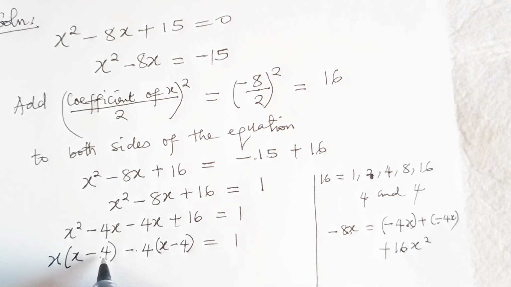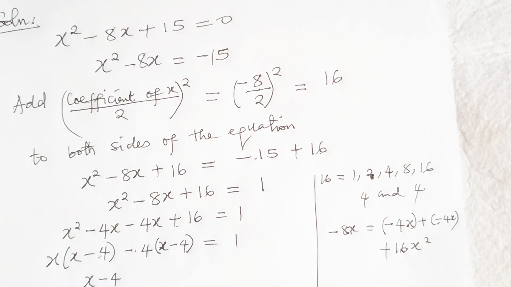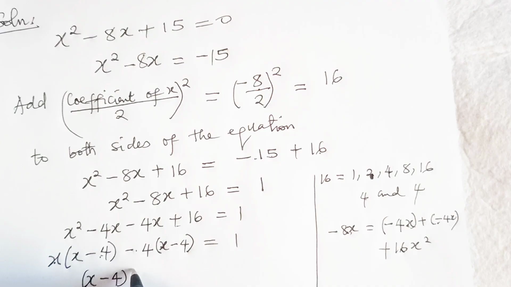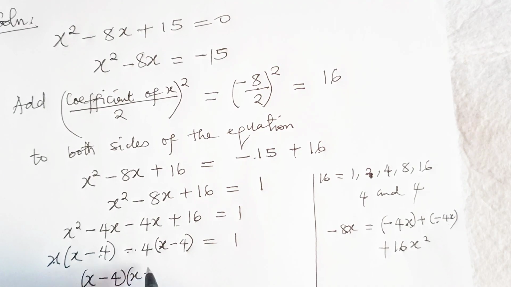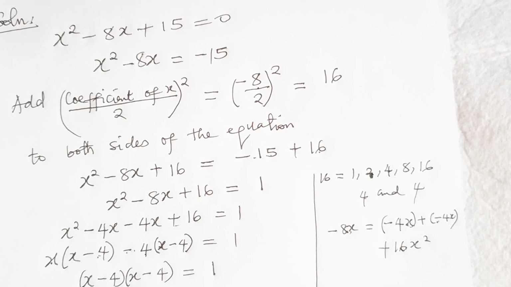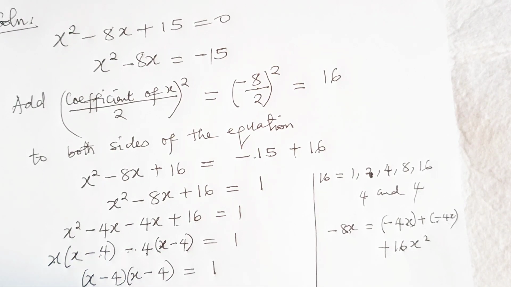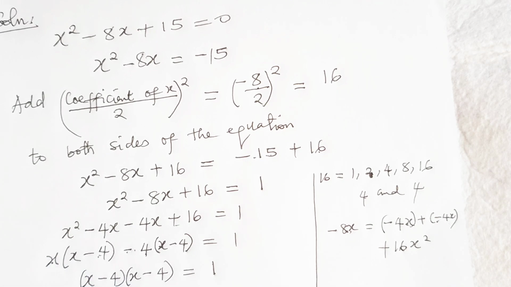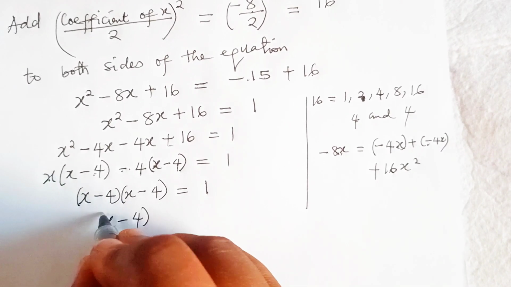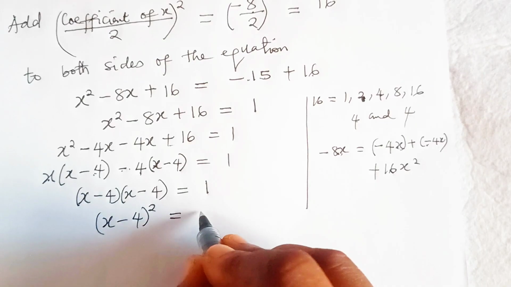So since these two brackets are the same, I'll take one of them and write x minus 4 multiplied by this x minus 4 is equal to 1. So these are the same. I'm going to have it as x minus 4 all raised to power 2 equal to 1.